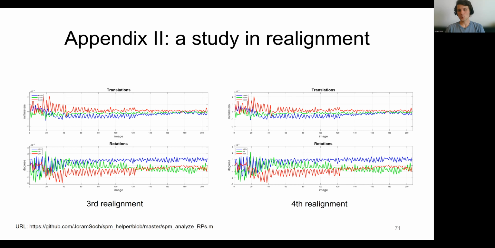And this very nicely shows that realignment works. So if we are trying to realign images that already have been realigned, we are not able to estimate any great motion from these images because the motion has been properly removed.